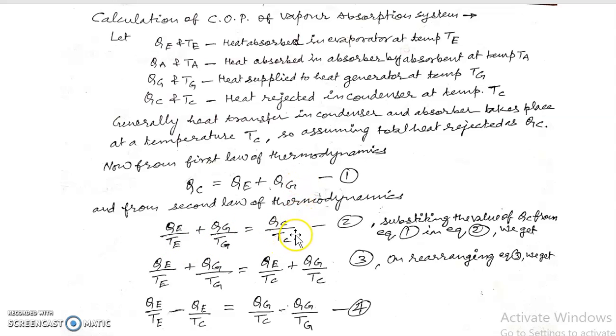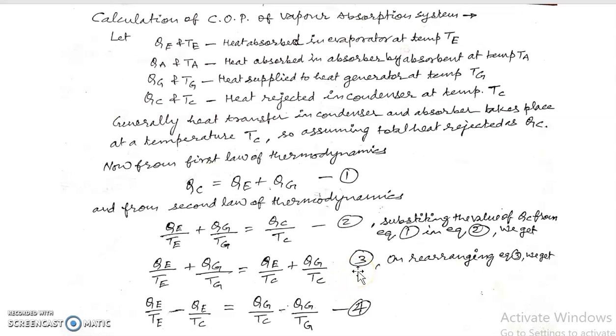So these are the 2 equations, and if we substitute the value of QC from equation 1, the second equation becomes QE over TE plus QG over TG equals QE over TC plus QG over TC. So this becomes equation number 3.